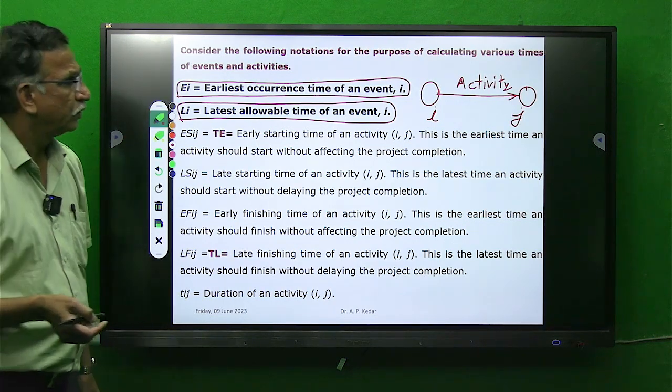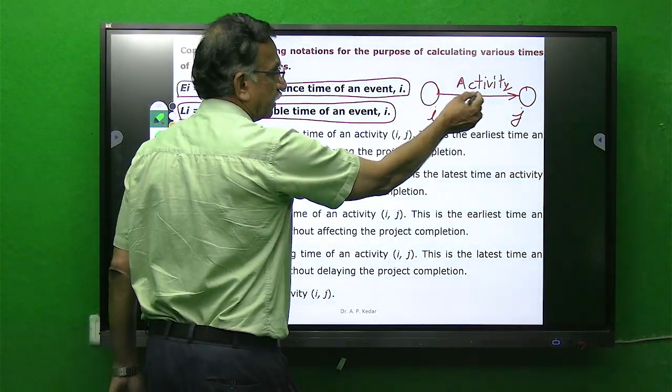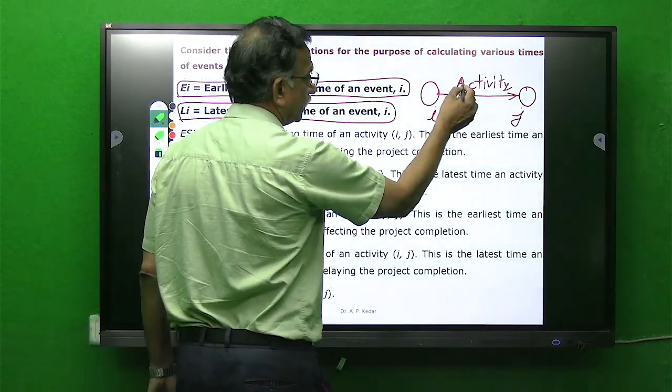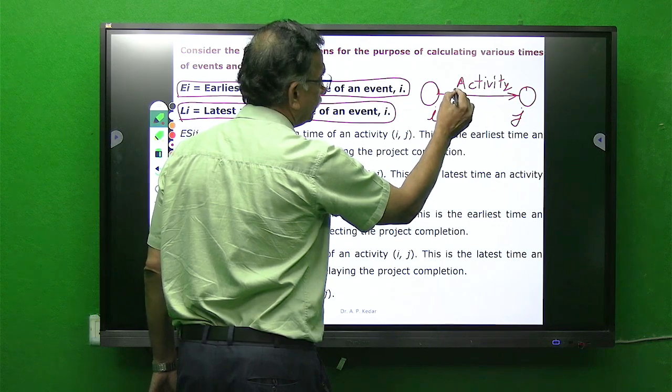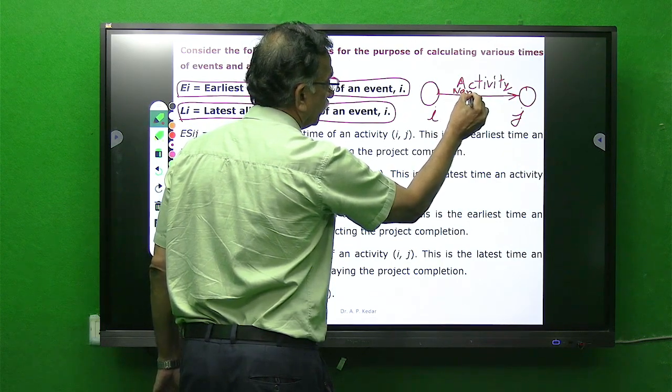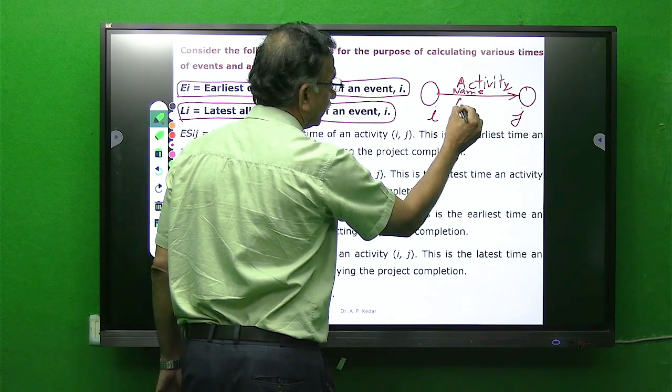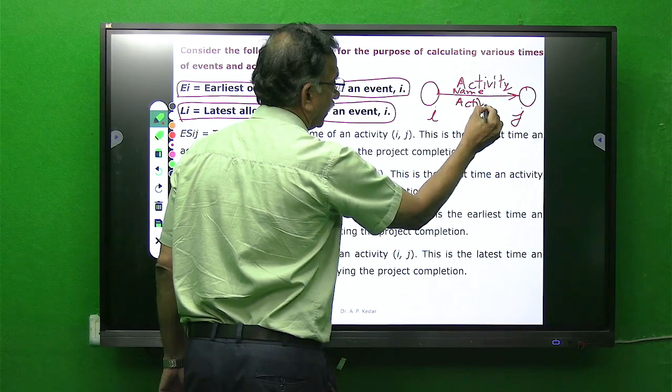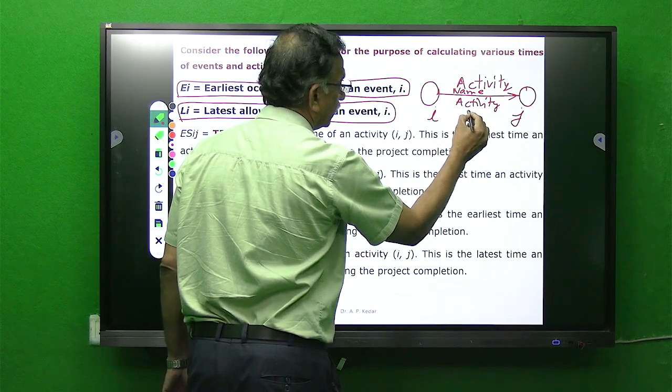Now when I give this notation, generally the activity name is written over the arrow and the activity time is written below it.